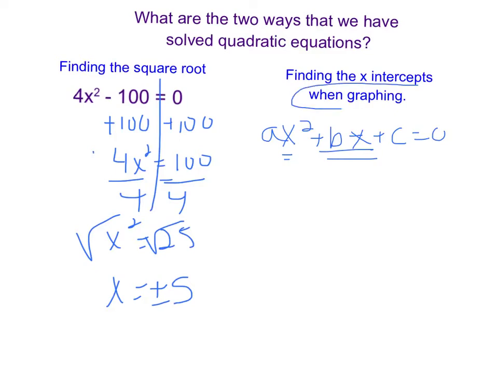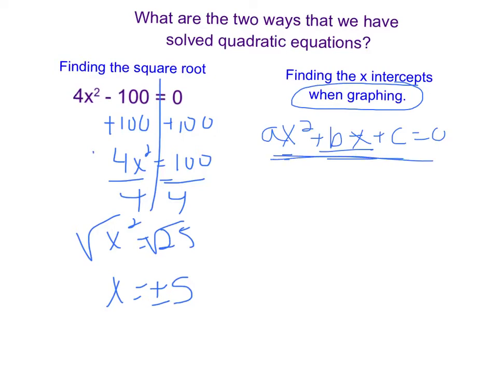So right now the only way we know how to do that is by graphing, finding that opposite of b over 2a. Think about where that is in the quadratic formula, by the way, and then making your t-table and graphing and then finding where it crosses the x-axis.